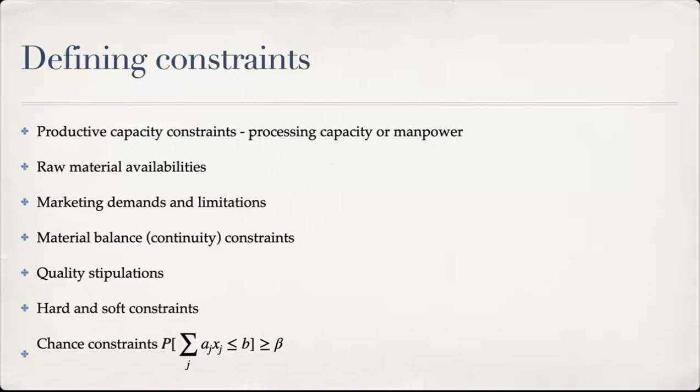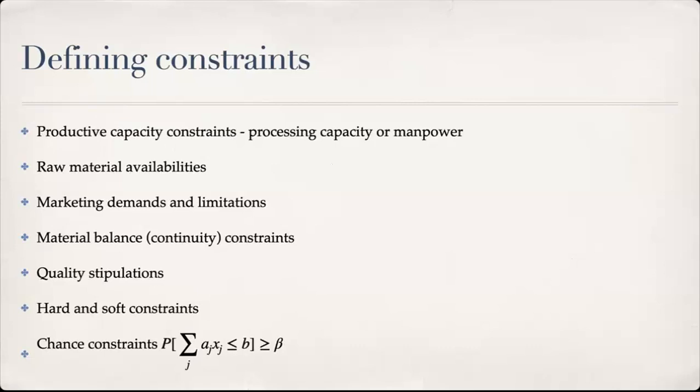The constraint can be formulated by using productive capacity constraint. For example, the capacity of your process. For example, your distillation column can take only 1,000 tons per day, 1,000 barrels per day, something like that.